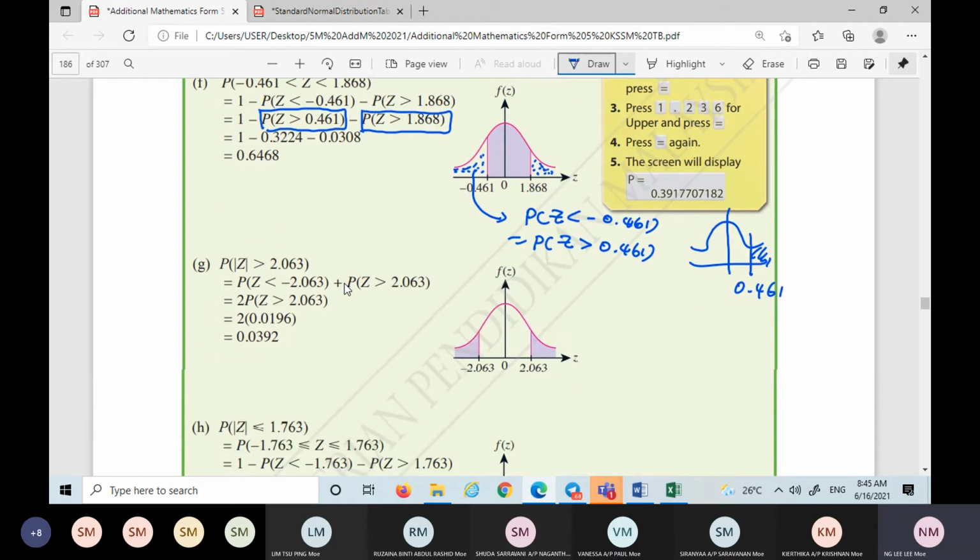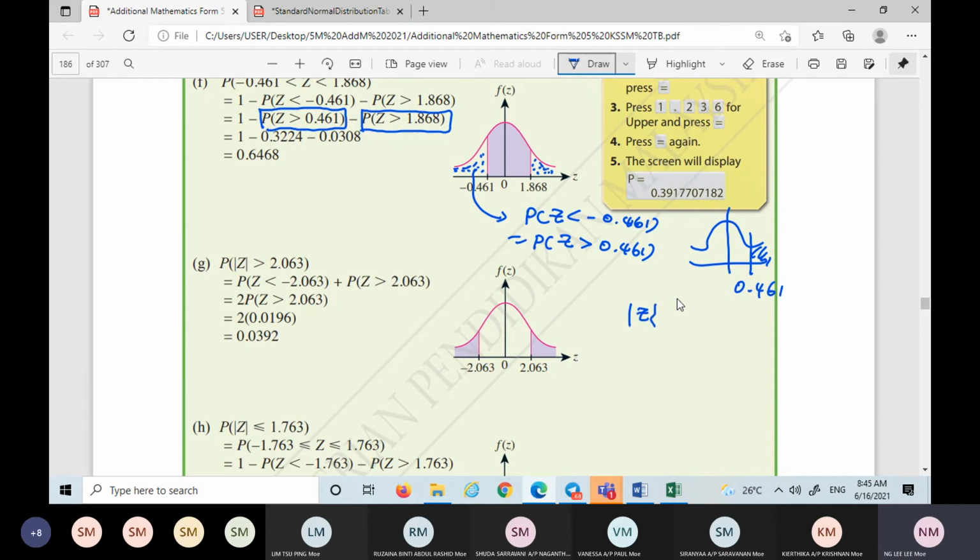Now we look at G. For G, modulus, what's the meaning of modulus? I hope you all still remember. For the G and the H, both are modulus. Maybe I write for you here.